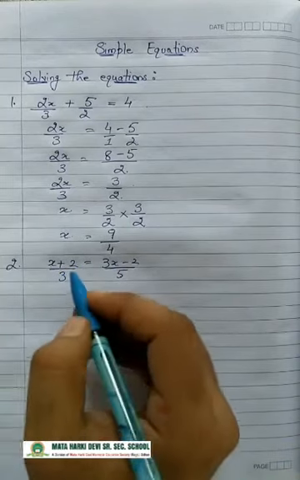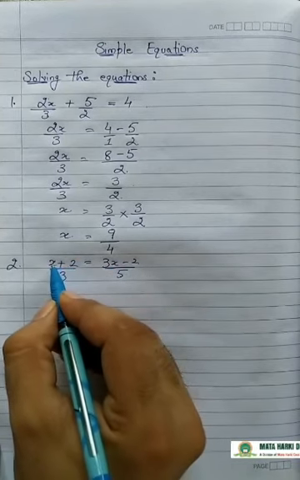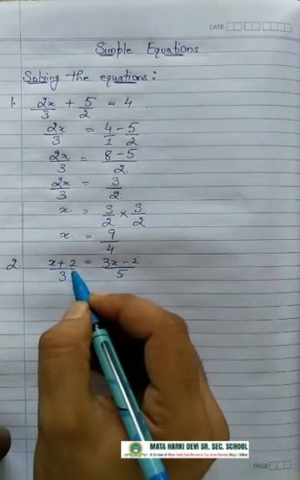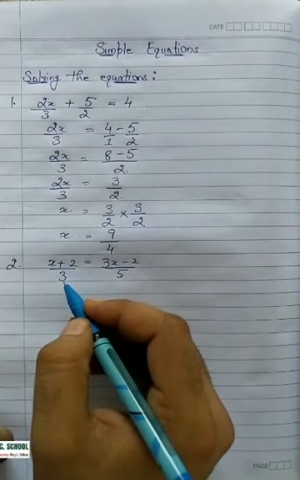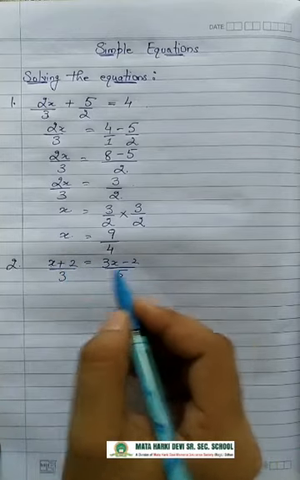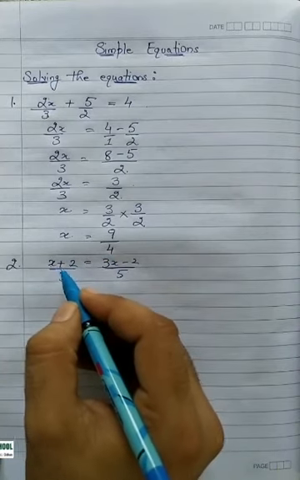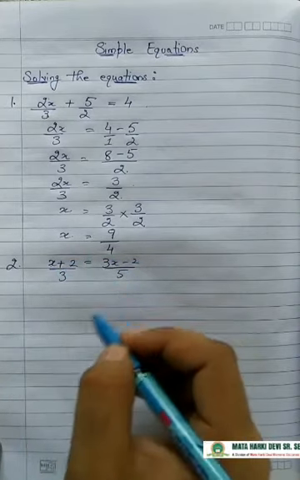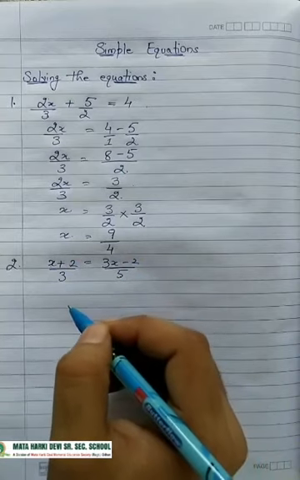The common mistake that is seen is they take the 2 to the right hand side. This is adding with x, but its relation with the 3 is a division case. If I take this 2 to the right hand side, what will we do on the right side, either subtract or multiply? We cannot do both things at the same time.